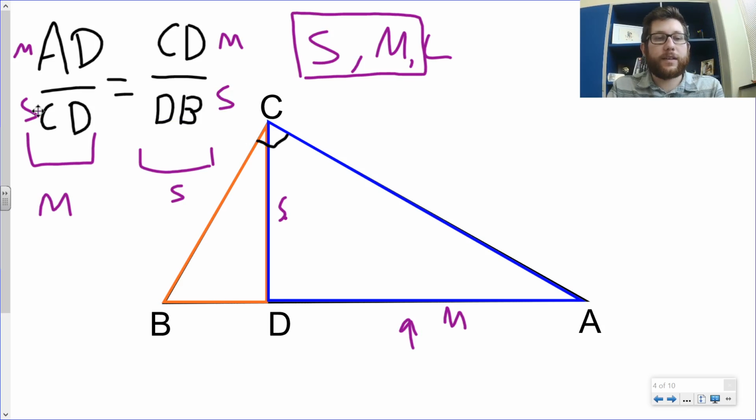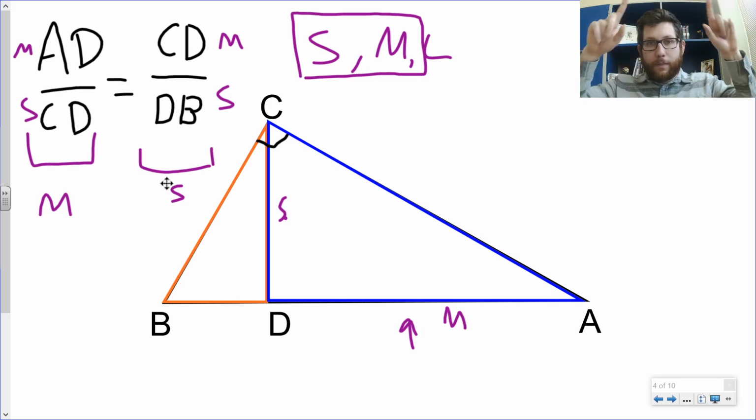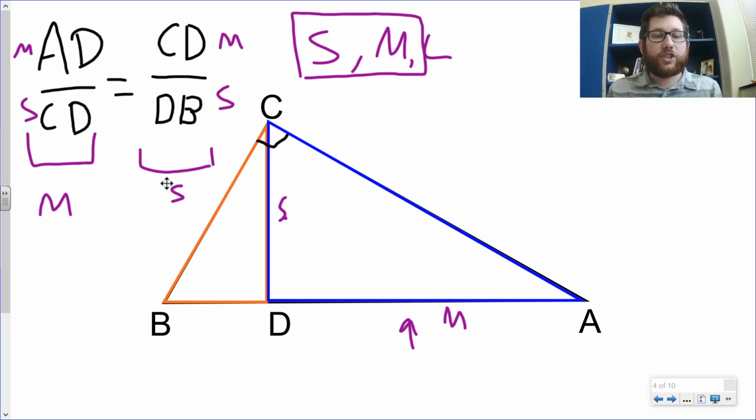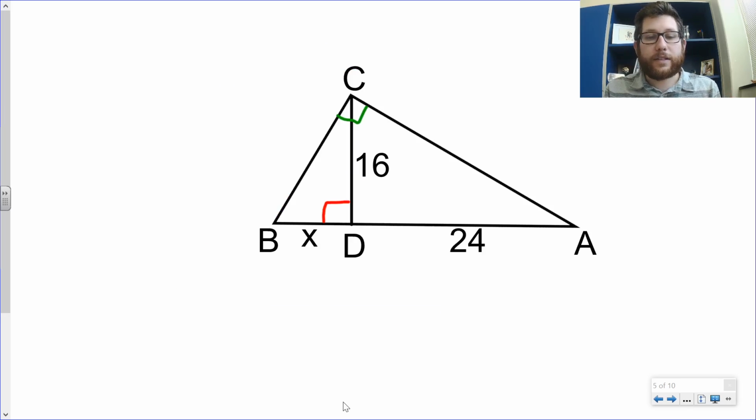And notice that the sides I'm using actually match up with the triangles I'm using. I'm using the medium triangle and the small triangle, the blue and the orange triangles. Those are my two. I'm not considering the big one. That tells me how to set up my proportion. I'm going to use the medium and small sides of my shape. So let's set this thing up. Now again, you can set this up two different ways.